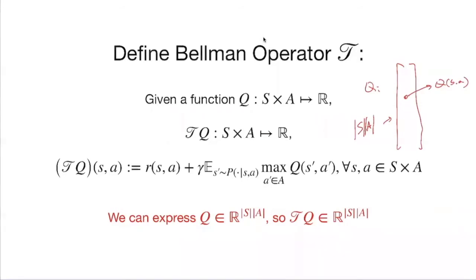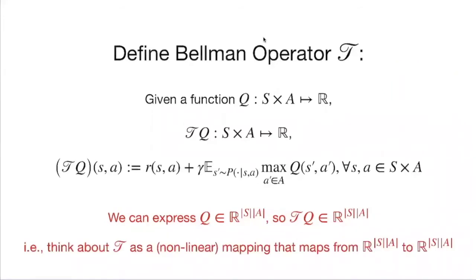If we abstract Q as a long vector whose dimension is SA, then we can think of this Bellman operator as an operator, not a linear operator, sorry, that maps from R^SA to R^SA, because the input Q is a vector and the output TQ is again a vector in the space whose dimension is SA.